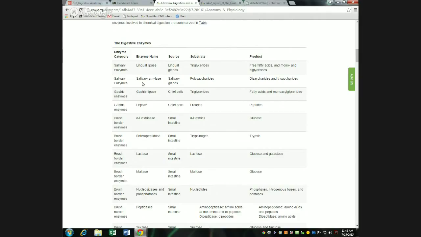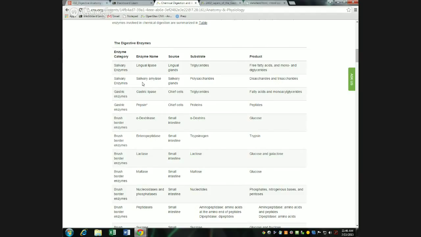A common way to think about chemical digestion, and I think this is still quite relevant, although the book muddies the waters. We start breaking down carbohydrates in the mouth with the saliva. And then the stomach is where we start breaking down proteins. And then the small intestines break everything down. So that's really the first place where we break down lipids.